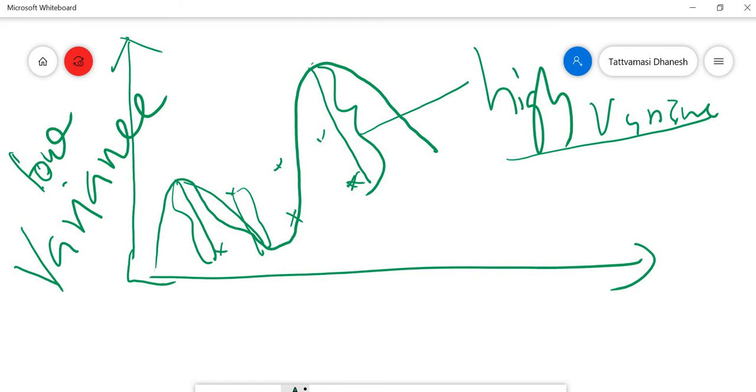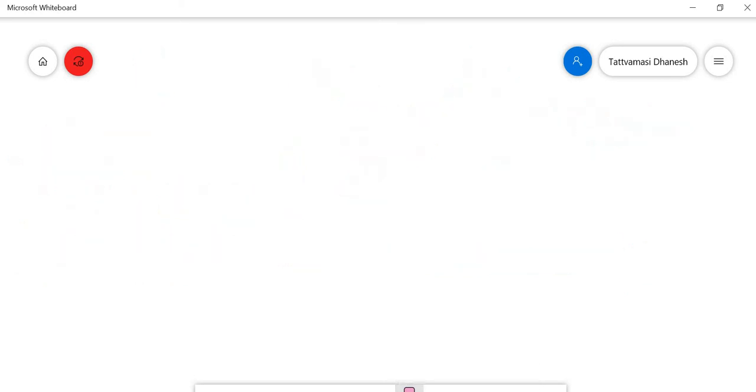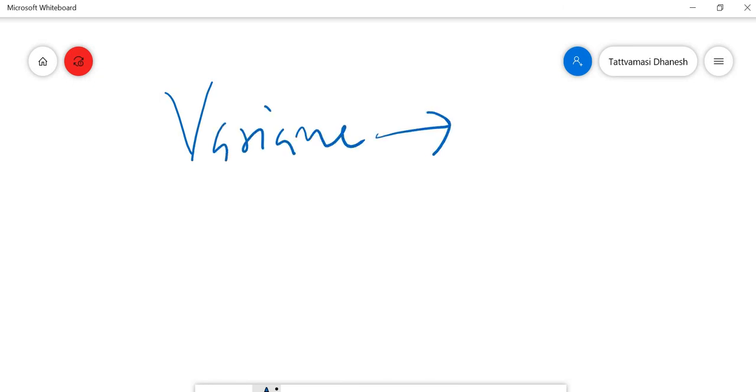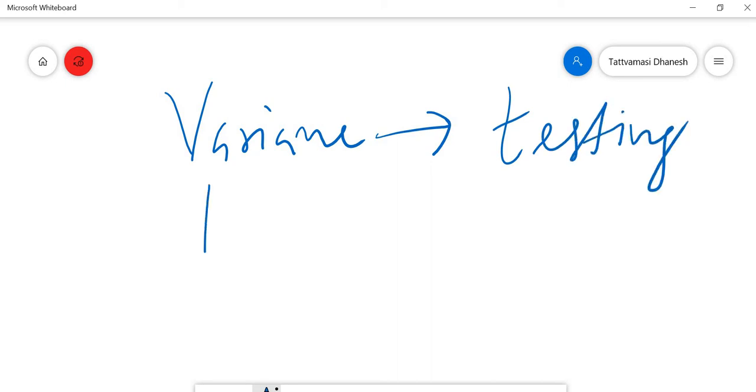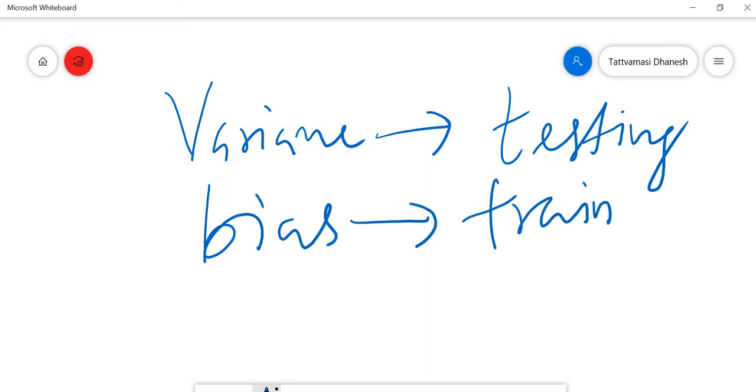So we usually define the variance for the testing. So I can give you more clarity. The variance we usually define for testing data. Bias we define for training data. This is important.